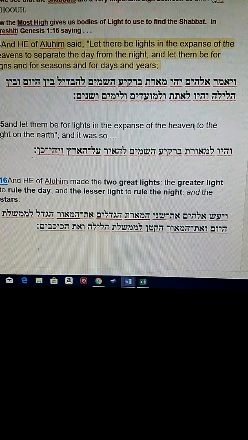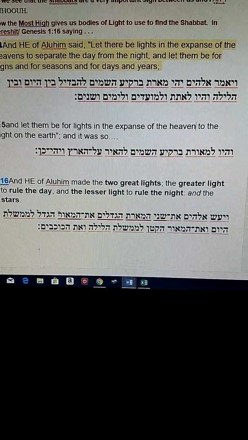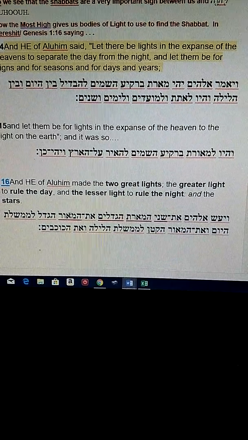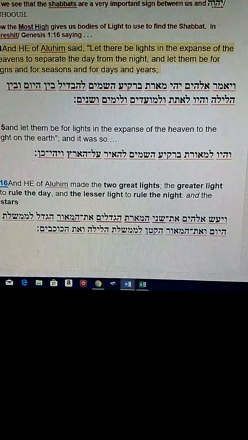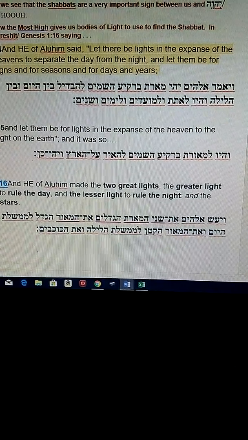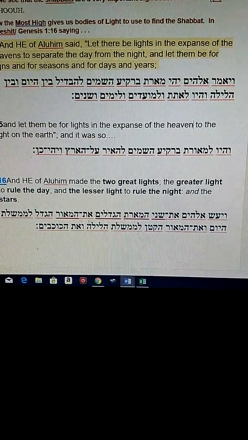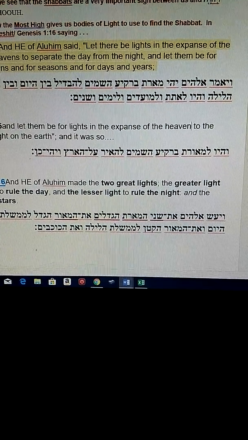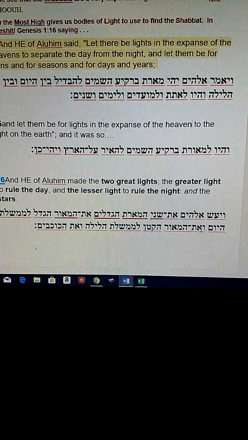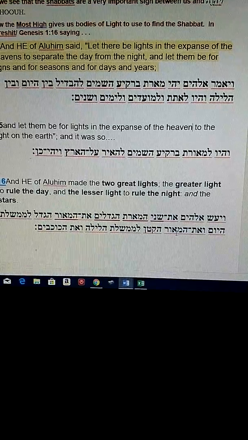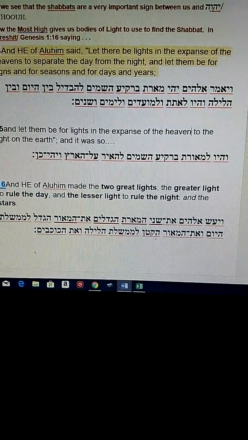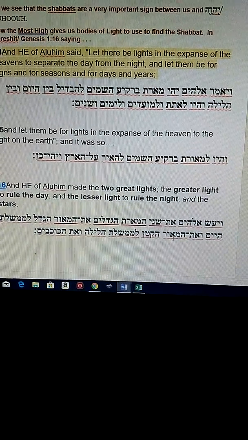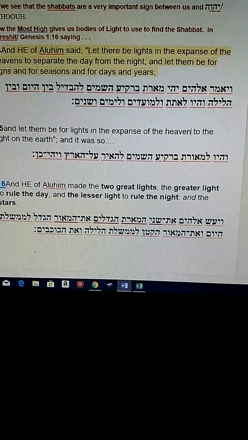Also, it says ha-ma'or ha-gadol, which means the body of the great light, and it rules the day, ha-yom. And et ha-ma'or ha-katan here is referring to the lesser light.